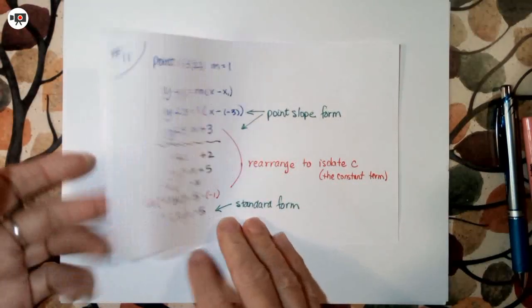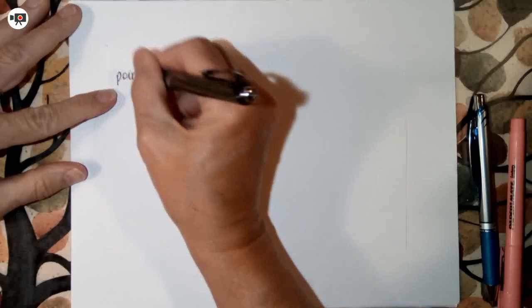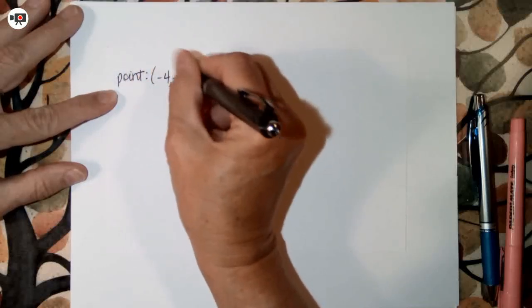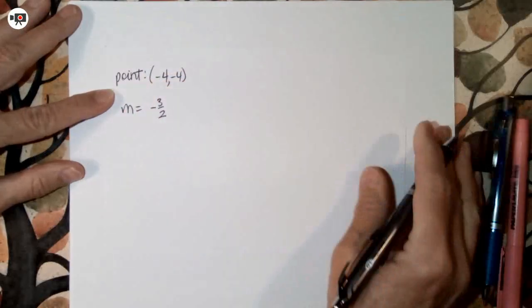Okay, now let's do one that's more complicated. I've got a point, (-4, -4), and a slope of -3/2.